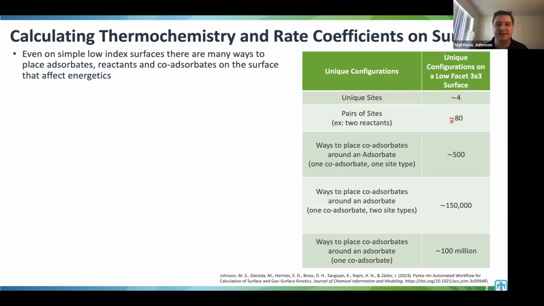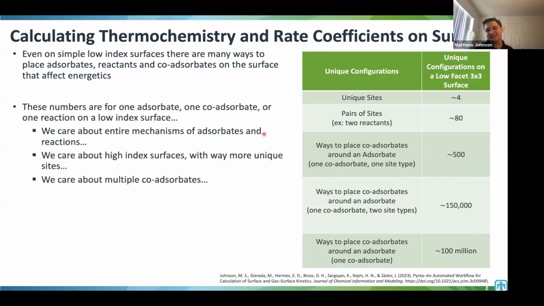We might have 80 ways that we could put 2 different adsorbates on the surface to possibly form our transition state. And if we start to put co-adsorbates on our surface, even if we just restrict the co-adsorbate to one site type around a given adsorbate, there are maybe 500 different ways we can place co-adsorbates around that adsorbate. And if we let that co-adsorbate be on multiple site types, this number rapidly becomes enormous.